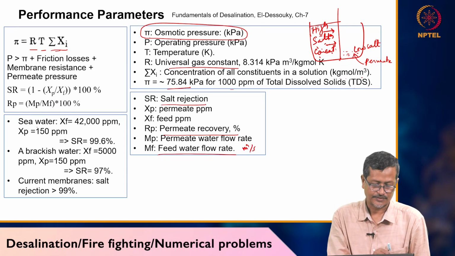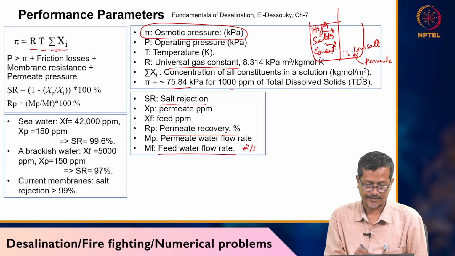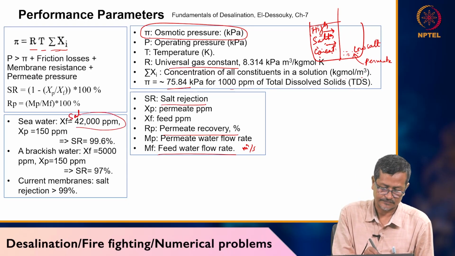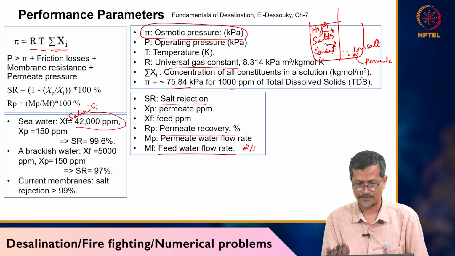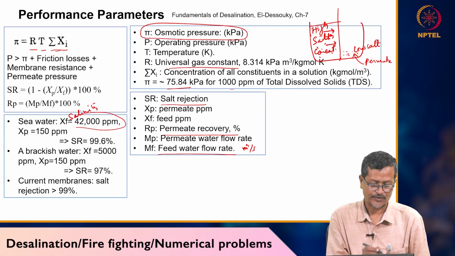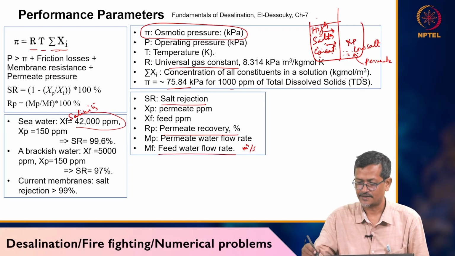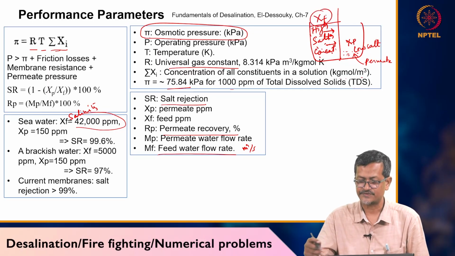So for seawater, XF is the salinity in ppm, assumed to be 42,000 ppm. XP means permeate and XF means feed water.